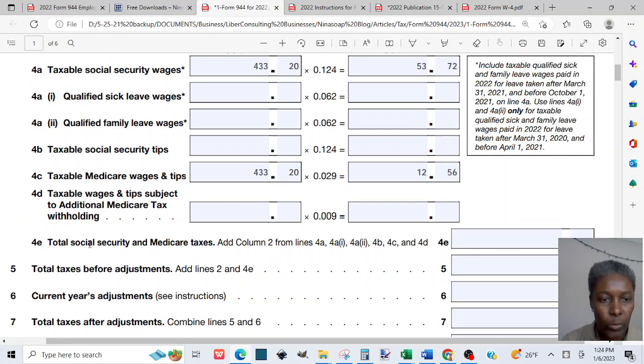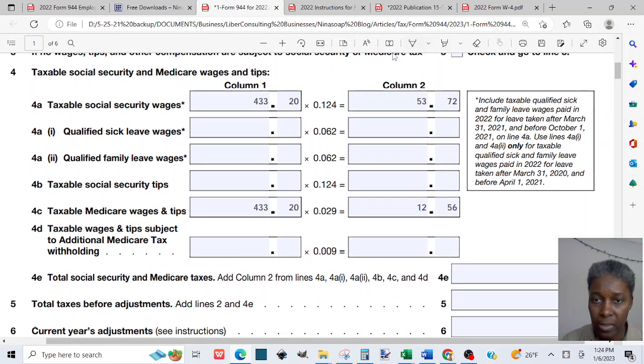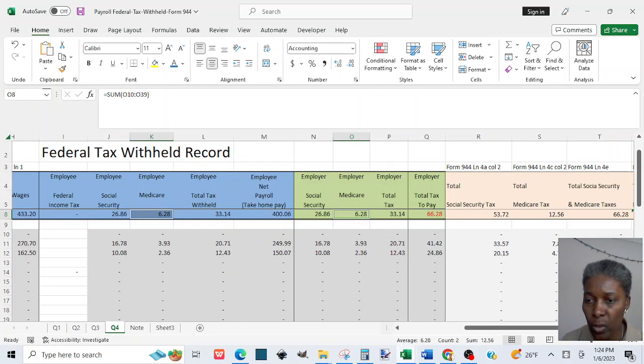So line 4E, total Social Security and Medicare tax. It's going to be line 4A, and that will be column 2. So you total all the taxes that you entered in column 2 from line 4A to line 4D. In our case, it's 5372 plus 12.56, and we can go to our payroll spreadsheet, and both total to 6628.